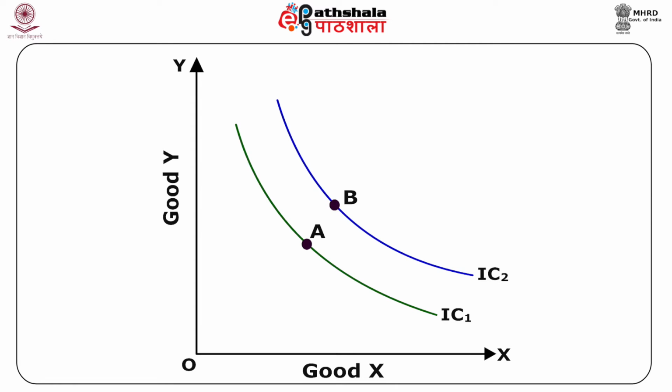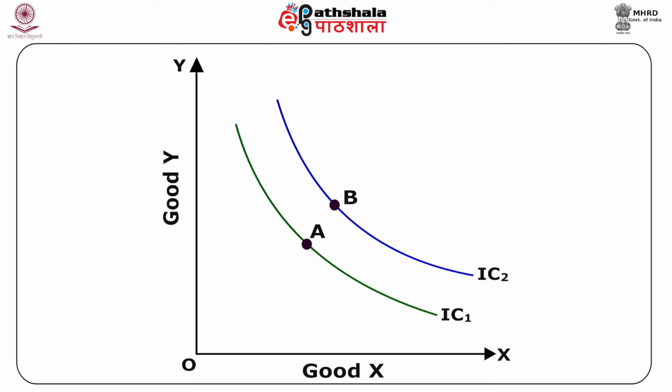Therefore, the combination B, which lies on indifference curve IC2, will provide the consumer more satisfaction than combination A, which lies on IC1.